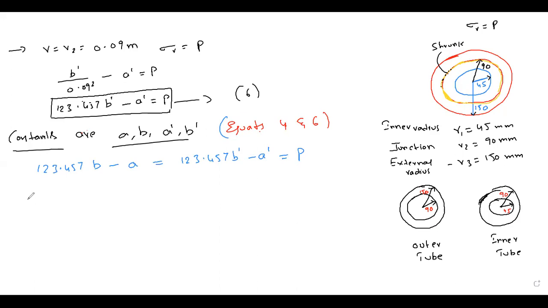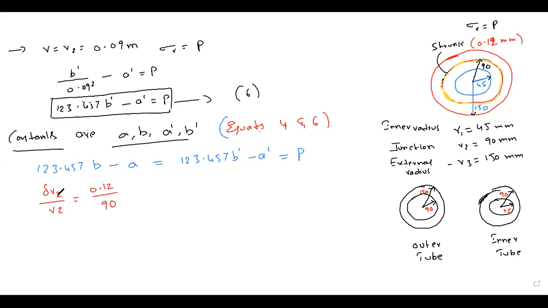Now you can write finally the varying radius given in the question. What is the varying radius when the cylinder is under shrink at a junction of 0.12 mm? So you can write the relation like this: delta R2 by R2 is equal to 0.12 by 90. When the inner cylinder is fitted with another cylinder on top, the junction will have shrinking, 0.12 mm shrink.